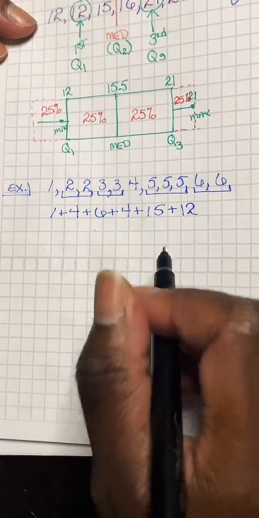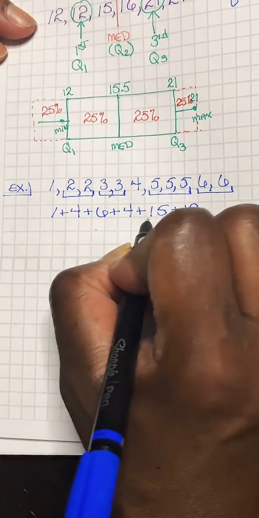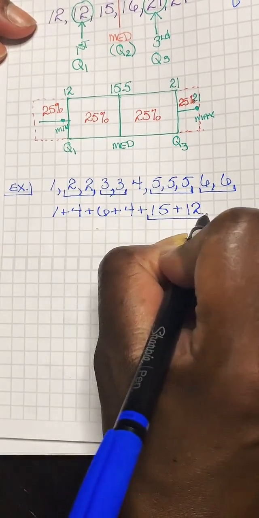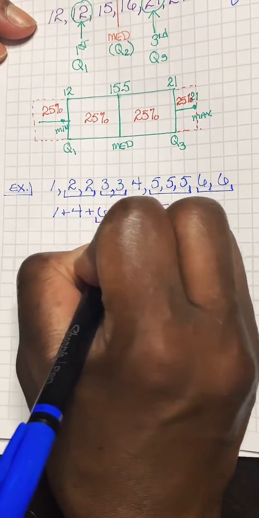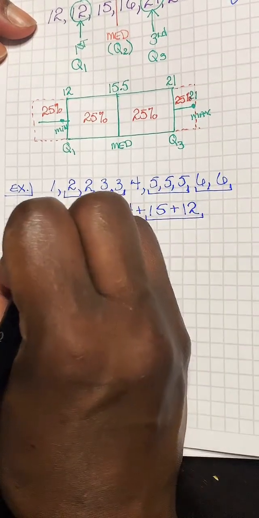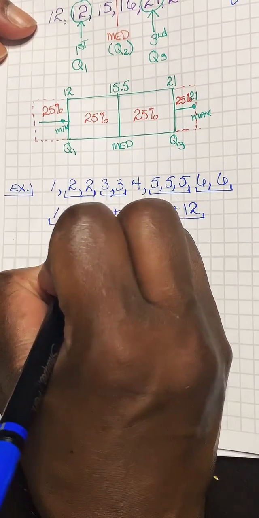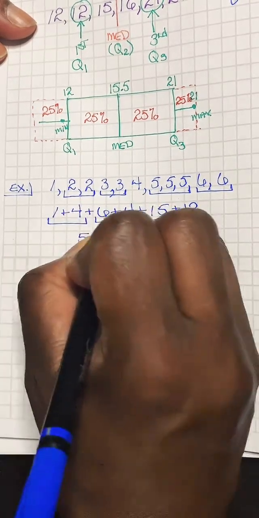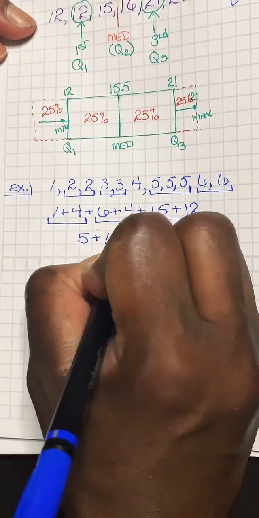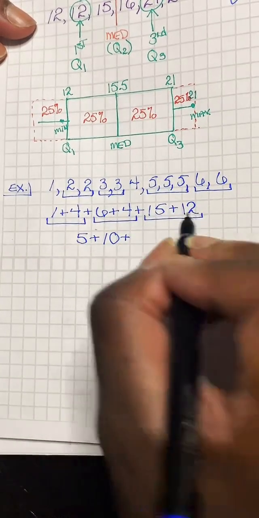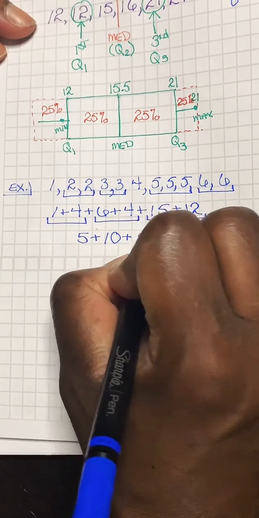I can combine 15 and 12, 6 and 4, and 1 and 4. So 1 and 4 gives me 5, plus 6 and 4 gives me 10, plus 15 and 12 gives me 27.